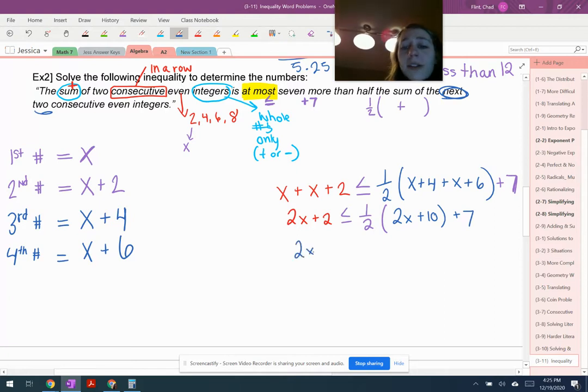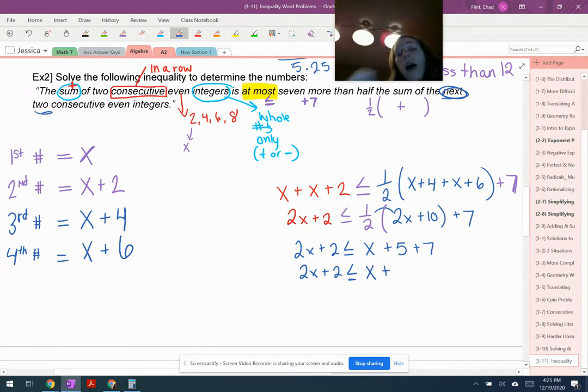Now I can go ahead and distribute that 1/2. 1/2 times 2x just leaves me with 1x, and 1/2 times 10 leaves me with 5, and then I can carry down my plus 7. We're getting there. 2x plus 2 is less than, I lost my or equal to. Be careful not to do that. Very common mistake. 5 plus 7 is 12.